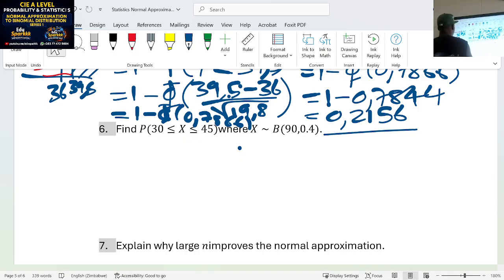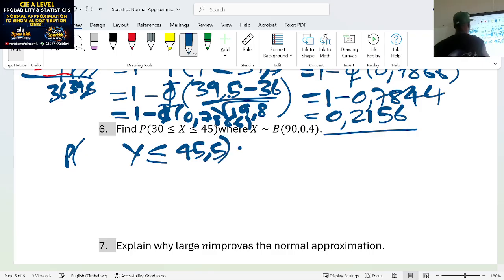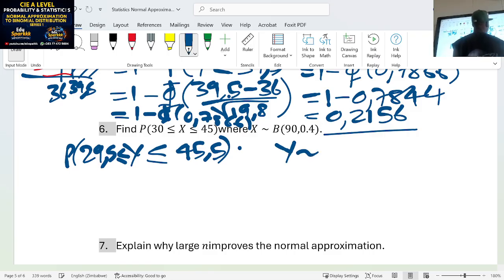So this, when we turn to y, is going to be probability that y, as we bring continuity correction, this is 45.5, which is our upper bound, and here is 29.5, which is our lower bound. So because we are migrating, we are going to have y to normal distribution.